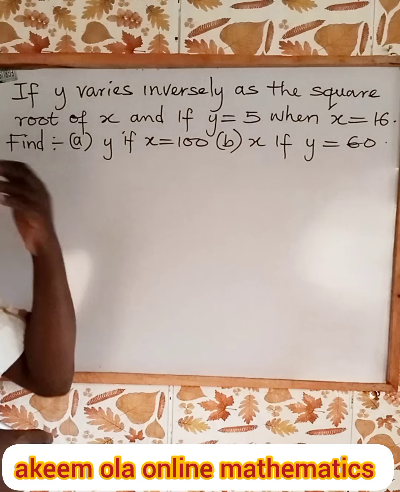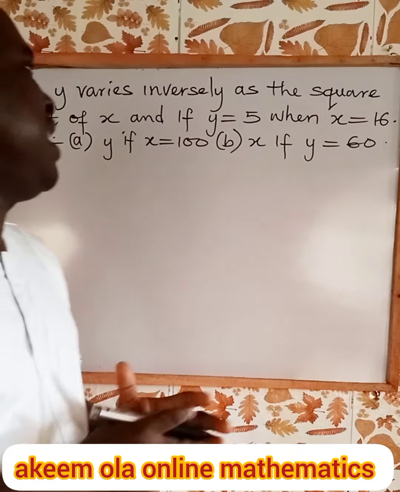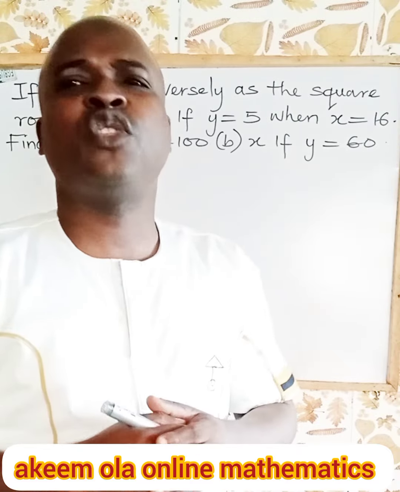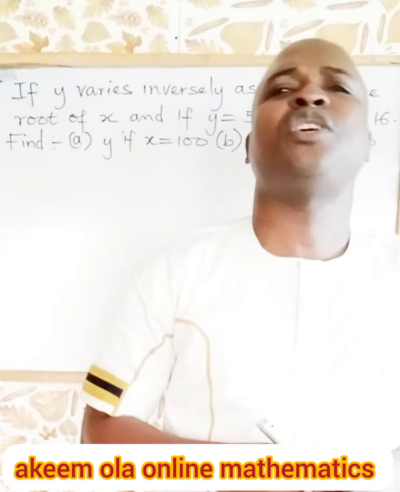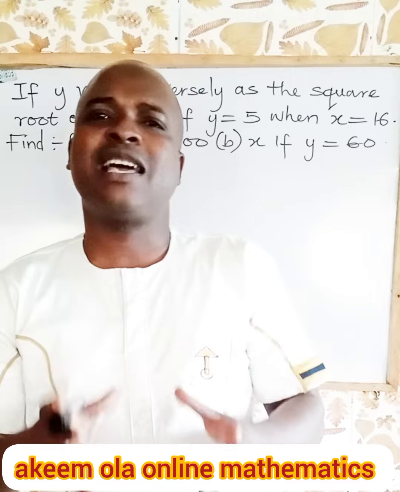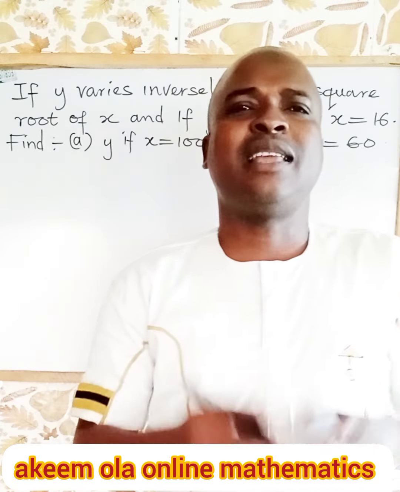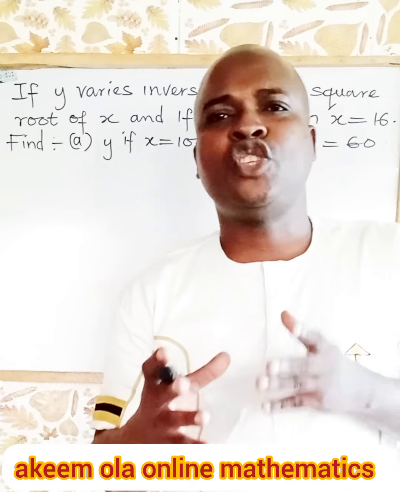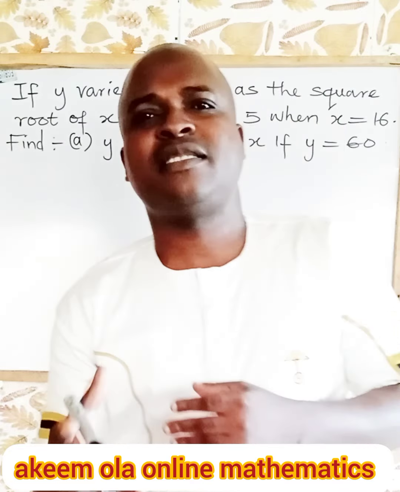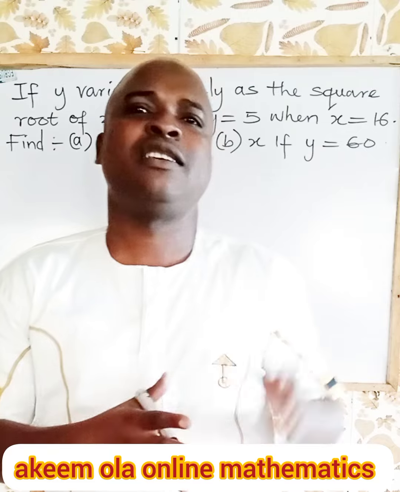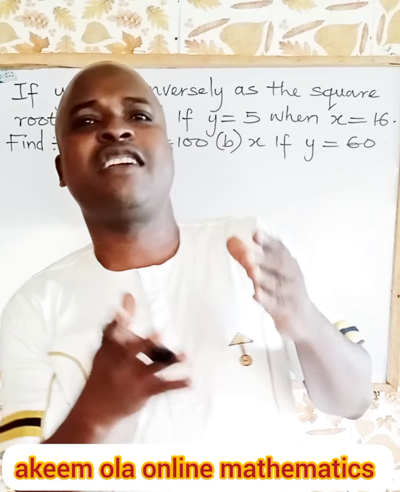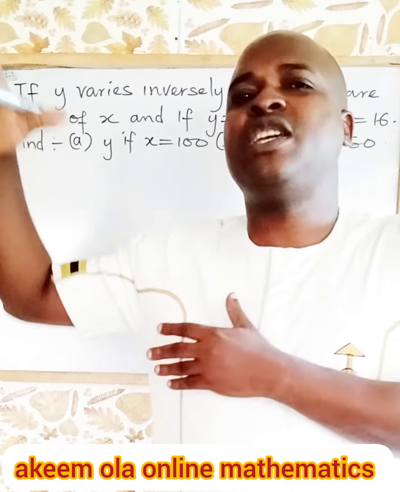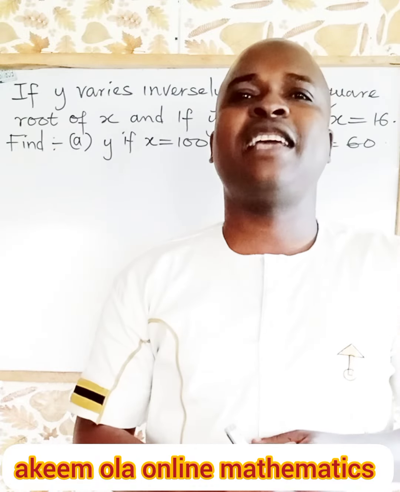But the one we are going to consider now is inverse variation. When you are talking about inverse variation, this is a type of variation that shows the relationship between two quantities, but in this case, when a particular quantity increases, the other one will decrease, and vice versa.